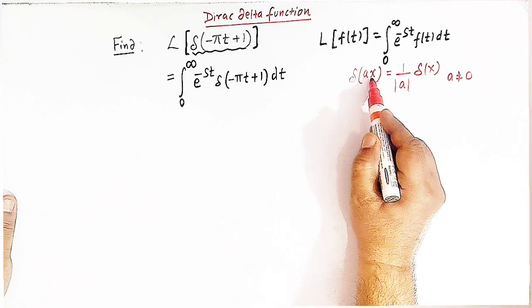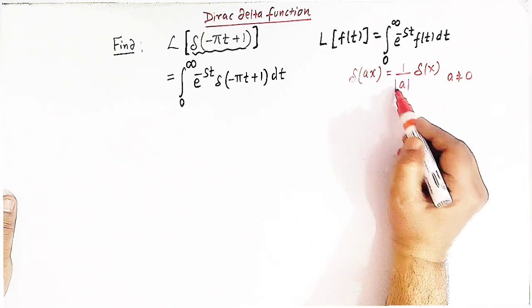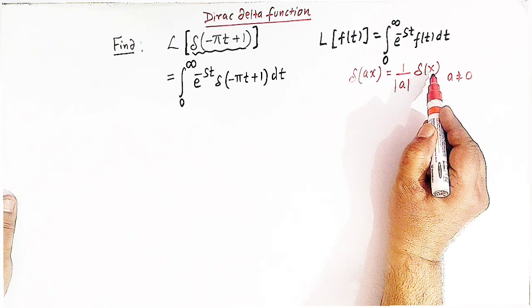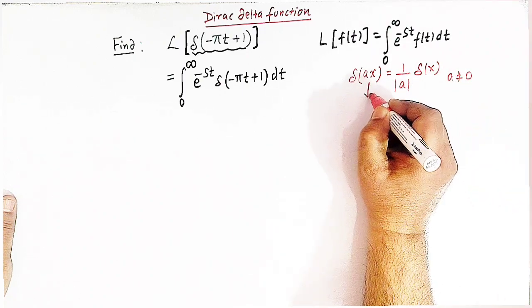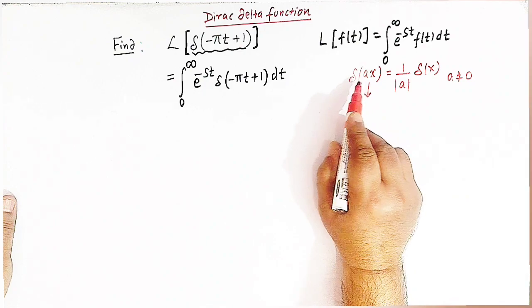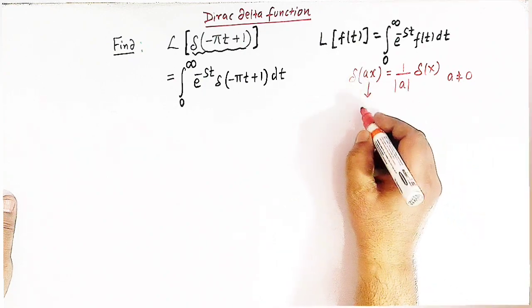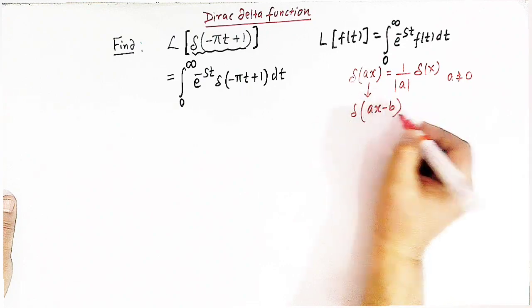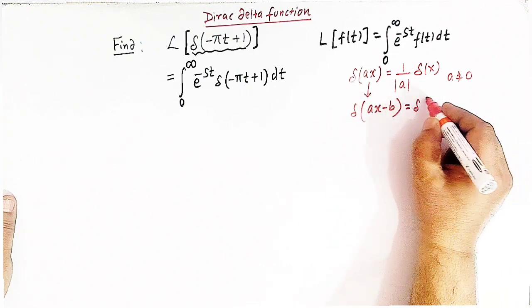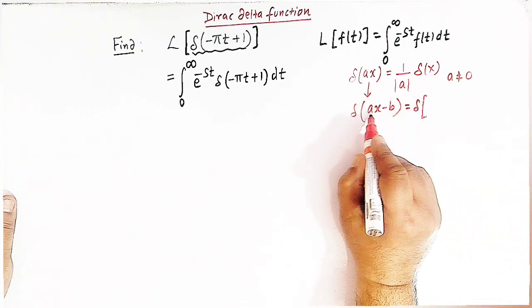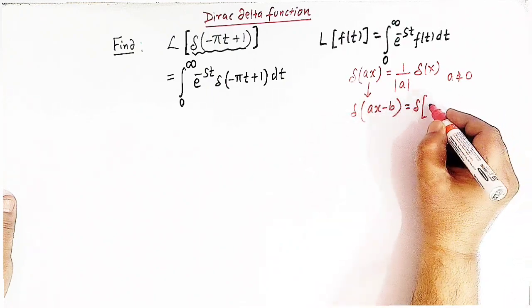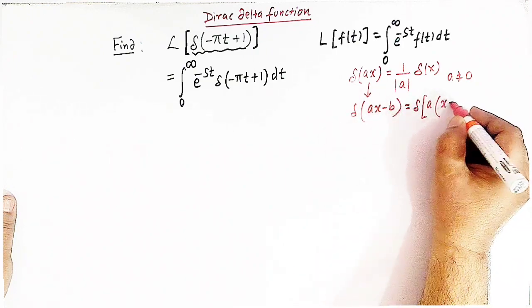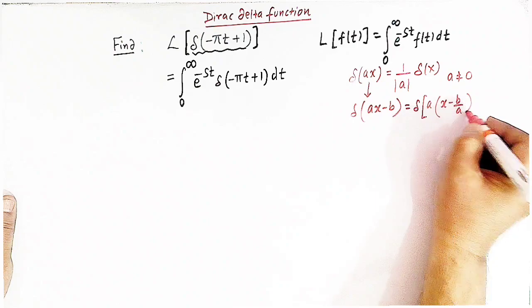We can also write a modified version, delta of ax minus b. Taking a common between ax and b, we have delta of a times x minus b over a.